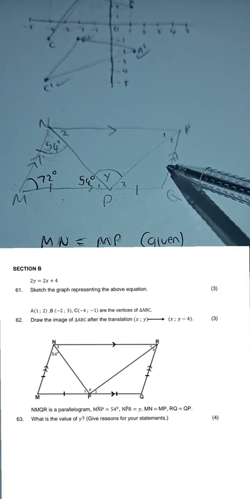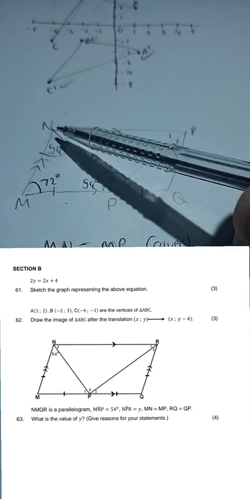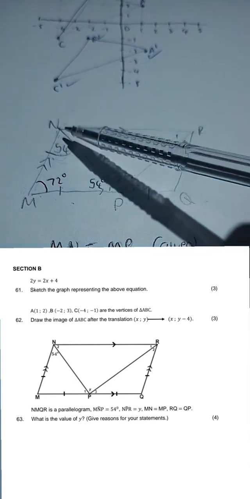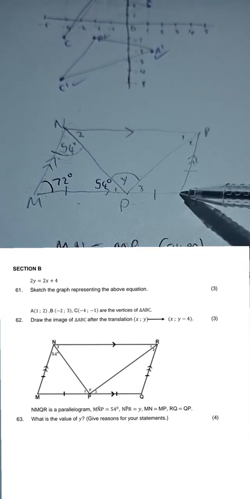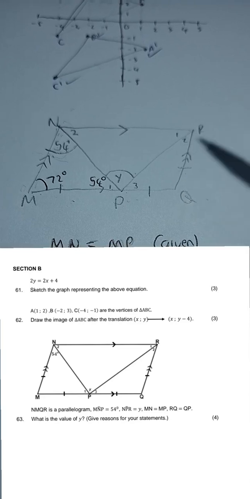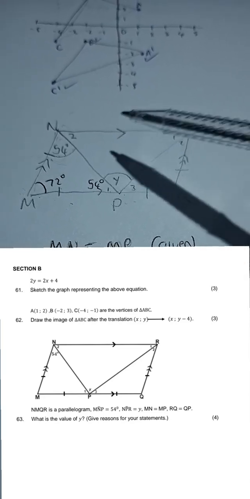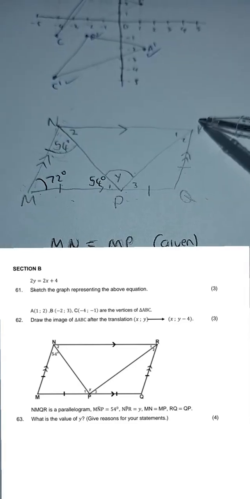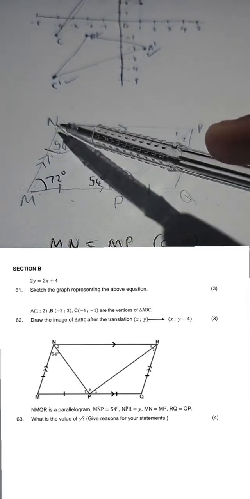Now, something else to note here very, very quickly. I'm looking at this triangle MNP, guys, this one. Do you see this triangle here? This is a parallelogram. If this is a parallelogram, that means the following.